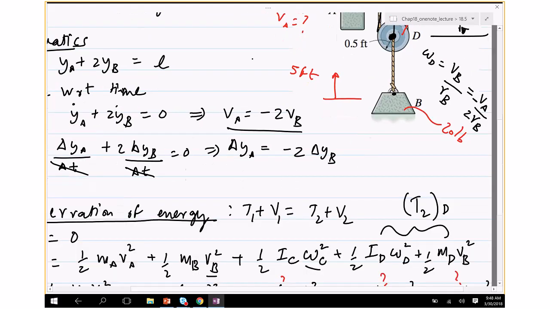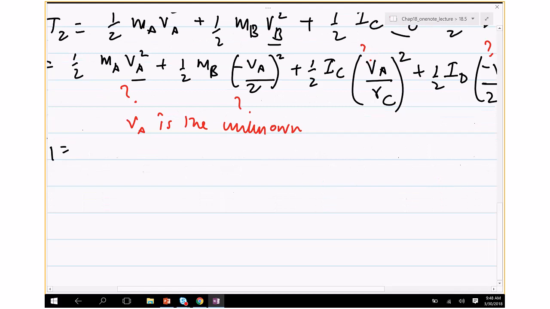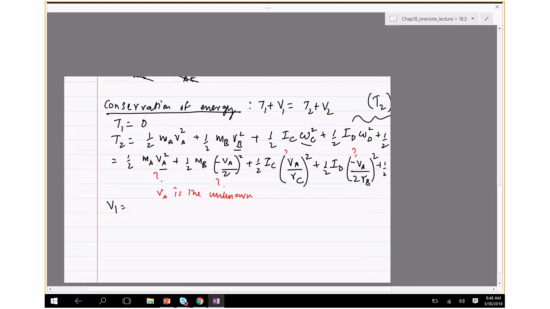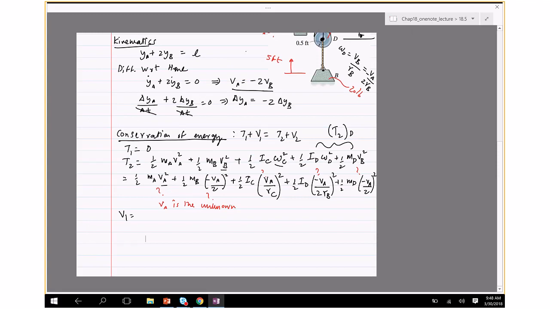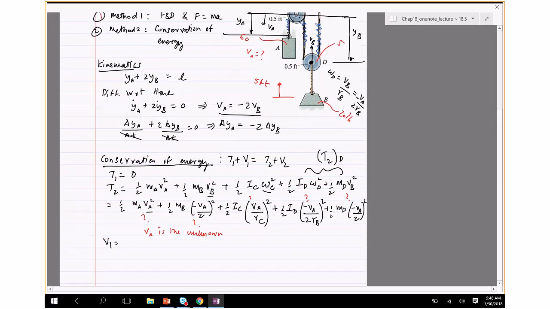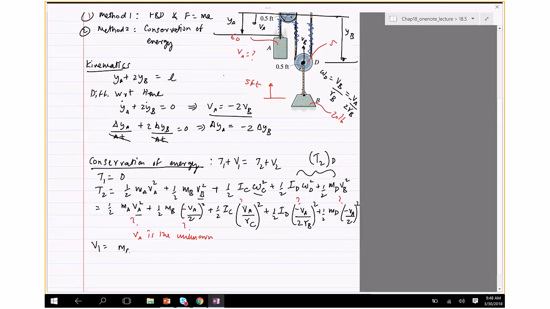V1 is going to be, look at the figure, MA g YA.